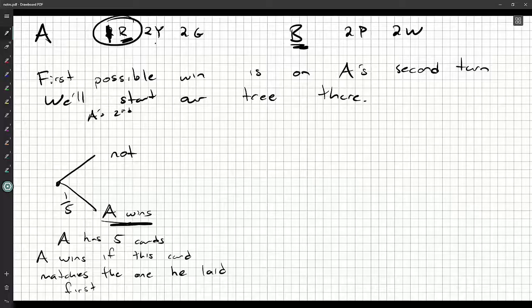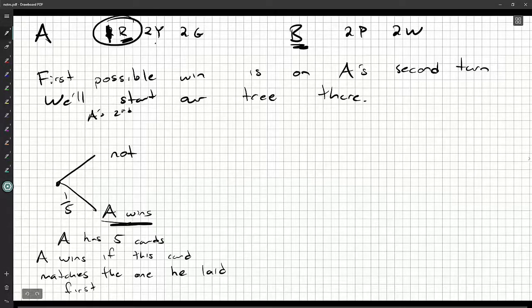That's sort of initially how I'm approaching this. Later on, as we make the tree bigger and bigger, it might become complex, and we do need to keep track of colors. But right now, I think it's a 1 out of 5, rather than a series of 1 out of 15s for the various different colors he could have chosen. I don't think we need to do that quite yet.